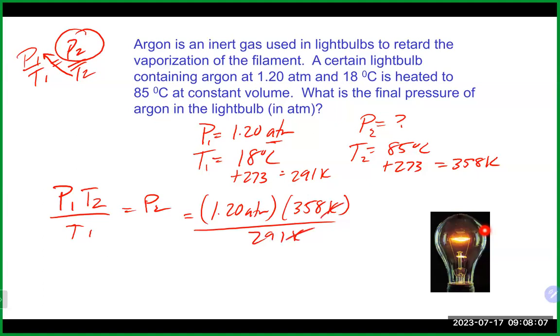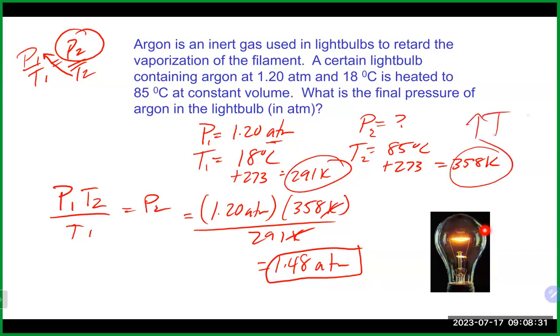Once again, our Kelvins are going to cancel, and it looks like 1.2 times 358 over 291 is about 1.48 atmospheres in this case. Here we do see that the temperature increased, which means we would expect the pressure to come up, and it did in this particular case. Any questions on that relationship?